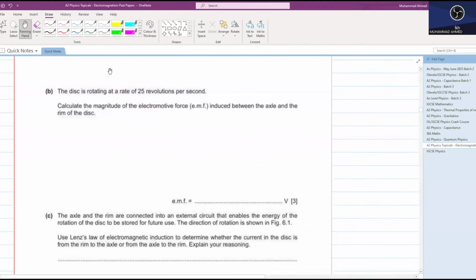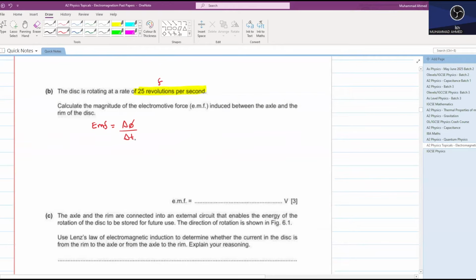The disk is rotating at a rate of 25 revolutions per second. Okay, this becomes your frequency. Calculate the magnitude of electromotive force induced between the axle and the rim of the disc. Okay, you have to calculate EMF. What used to be EMF? EMF used to be change in phi over change in t.